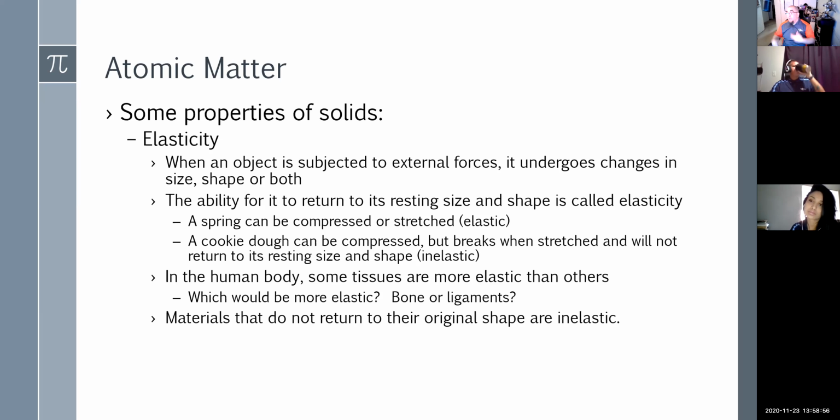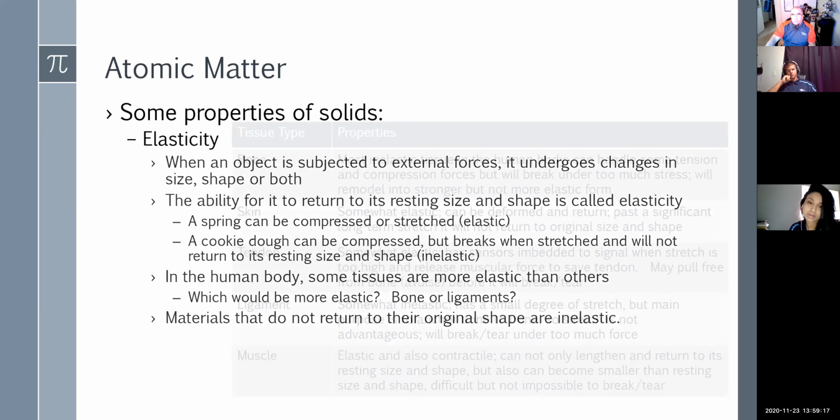Tendons are very elastic. Bones, not so much. If I take a bone and start bending it in half, if I let it go, there may still be a slight curve to it, right? Or worse, if I bend it hard enough, it'll snap. So materials that aren't able to return to their original shape are considered inelastic, right?